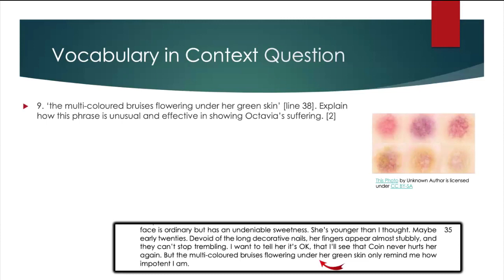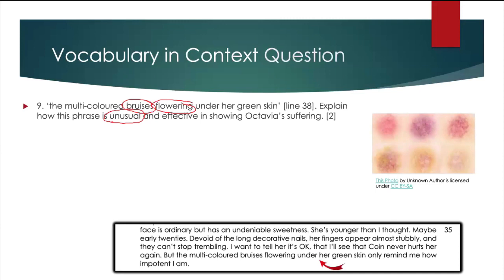The thing now is, the question is asking you, what is unusual about this? So there are bruises, and yet the sentence also talks about flowering under the skin. So when bruises, is it pleasant being bruised?